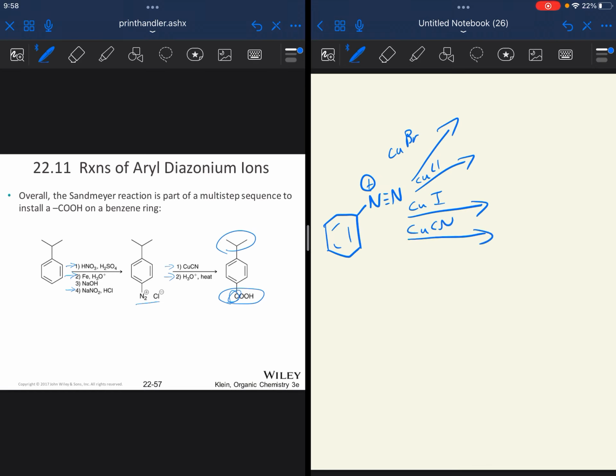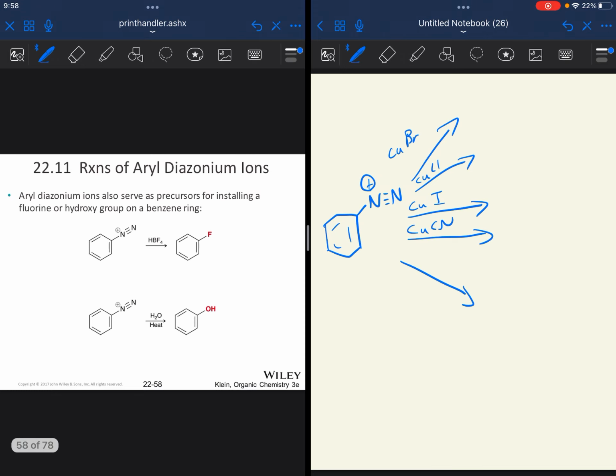We can use copper cyanide. We can also use HBF4. So you can add fluorine now. This is exciting. Not with copper fluoride, but HBF4. So it's a little bit different. It's not a Sandmeyer reaction, but it's a similar situation where we are just replacing that N2 with something else.